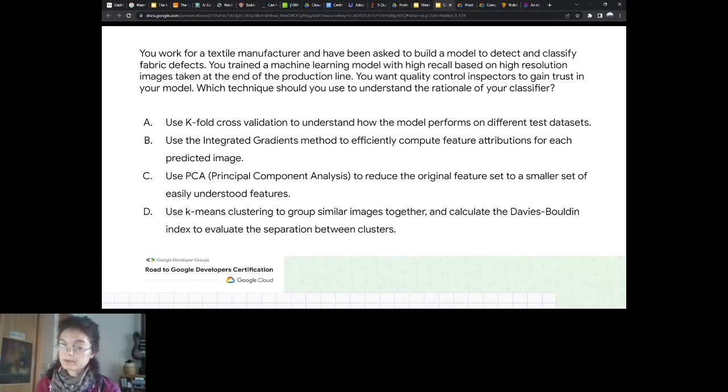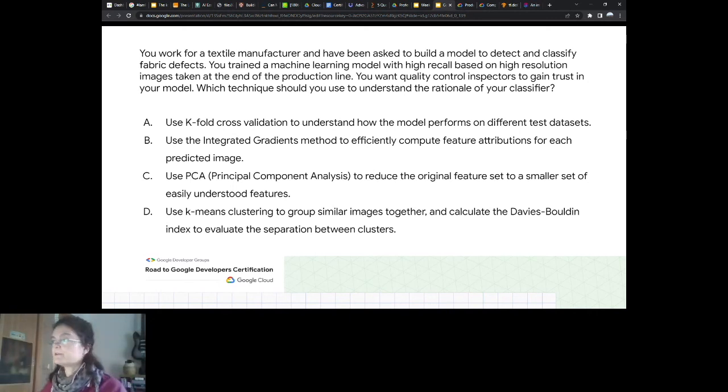Let's just remember. Precision is: if I'm saying all these are defects, how many of the ones I said are defects are actual defects? That's precision. And recall is: I have in my data set all these defects, how many are you detecting with your model?